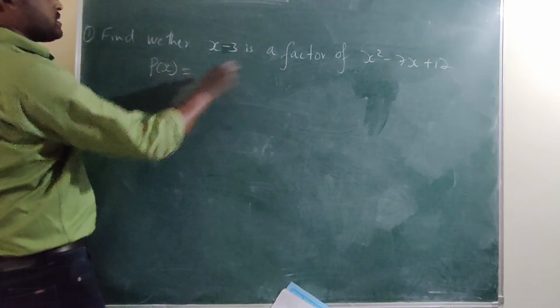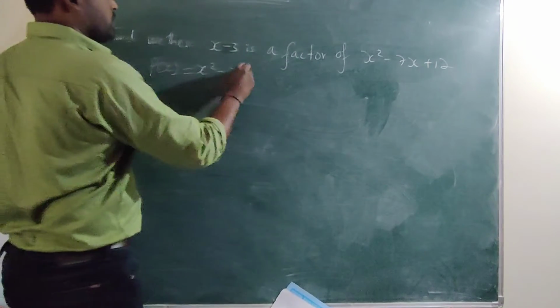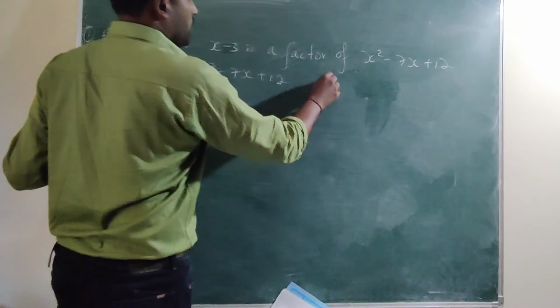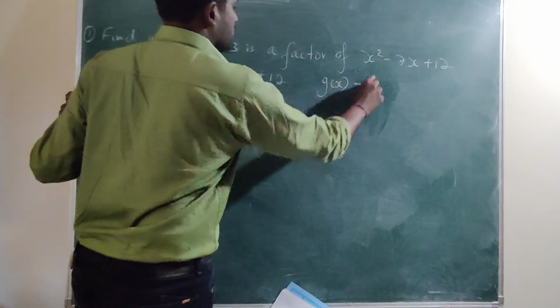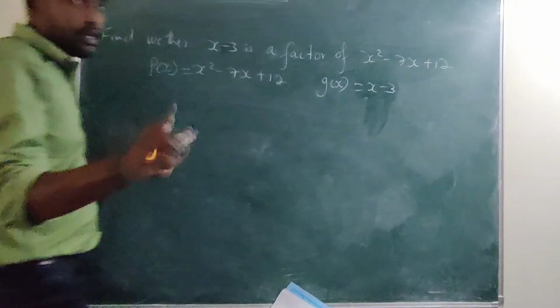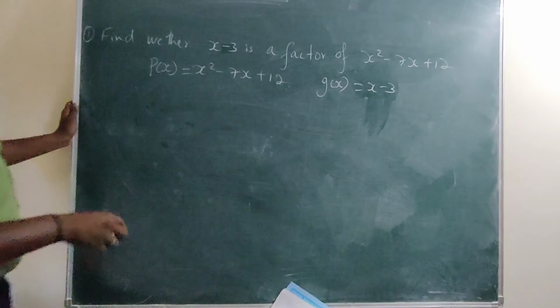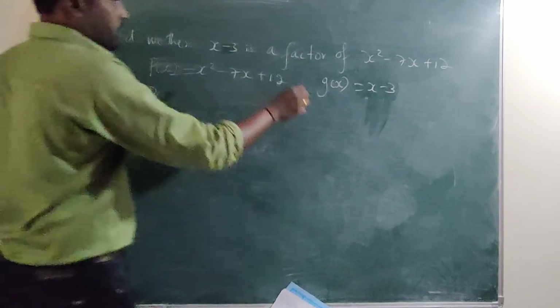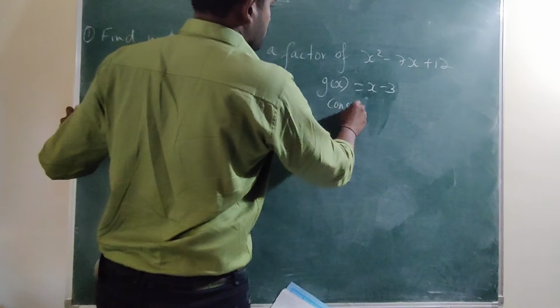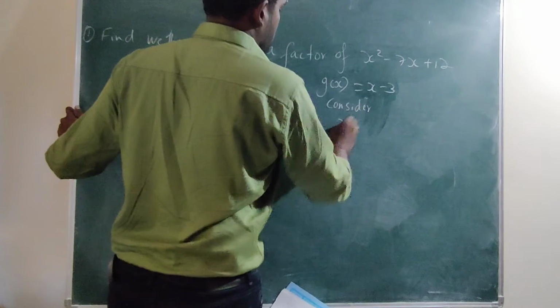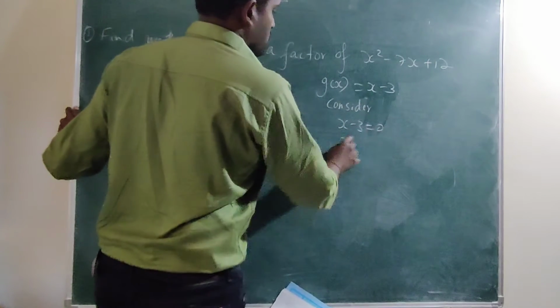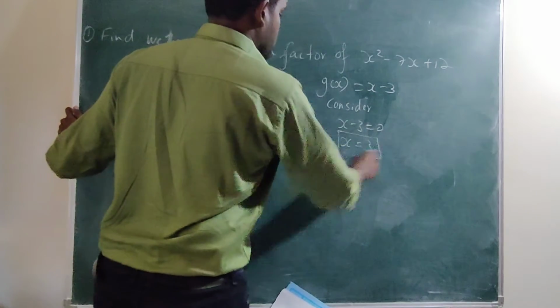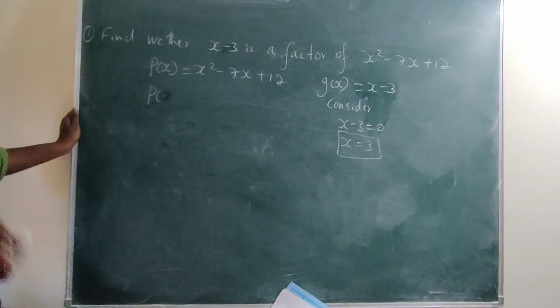P of x means x square minus 7x plus 12. G of x is always, it should be a linear polynomial, students. Okay, fine. P of x. Here, first step as usual, consider x minus 3 is equal to 0. X minus 3, on transposing, it becomes plus 3.